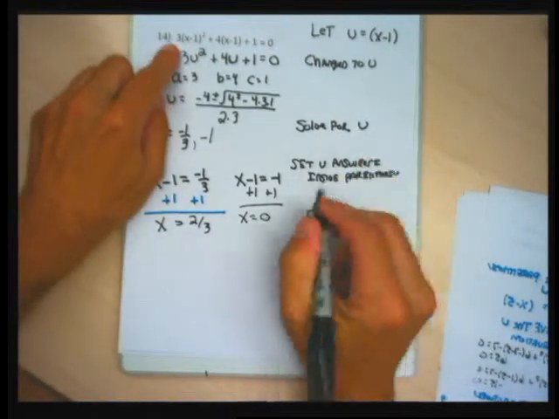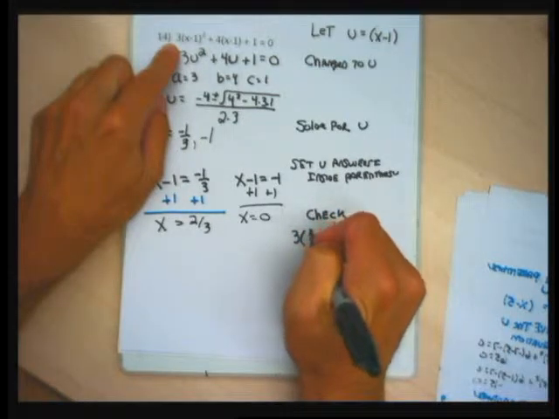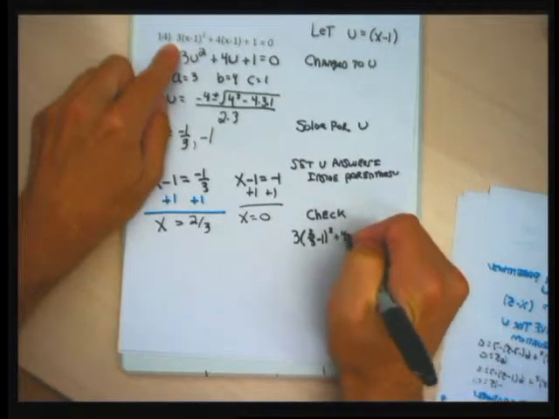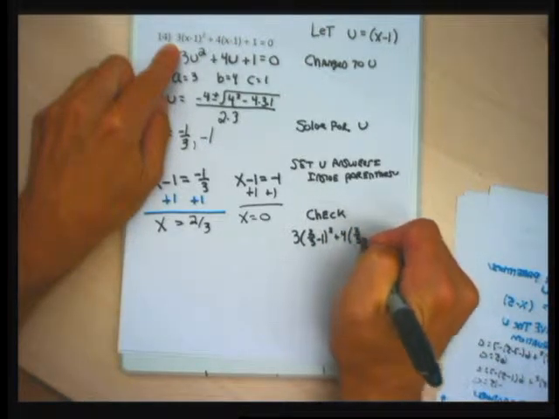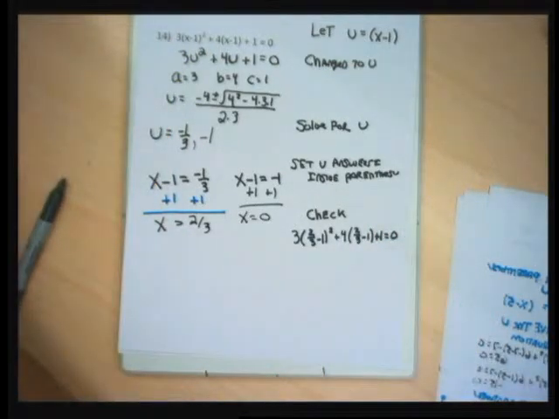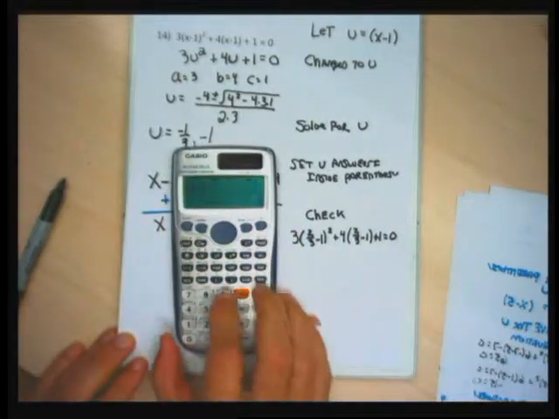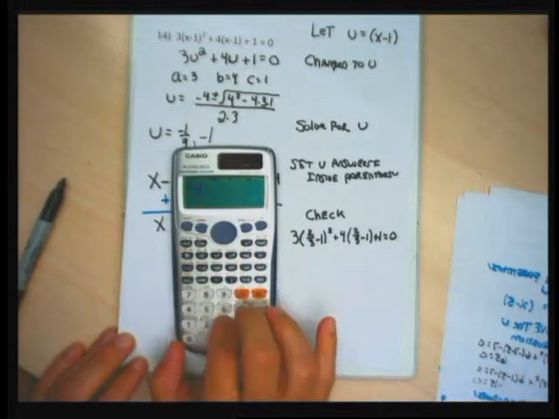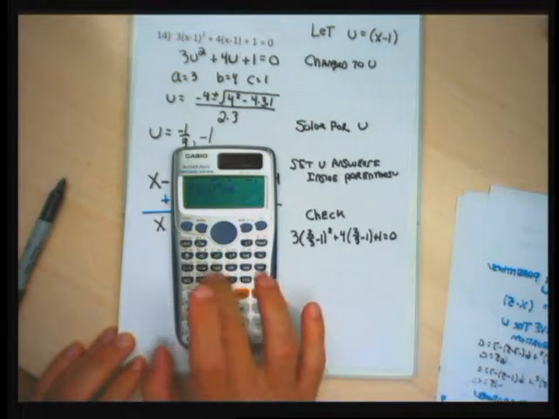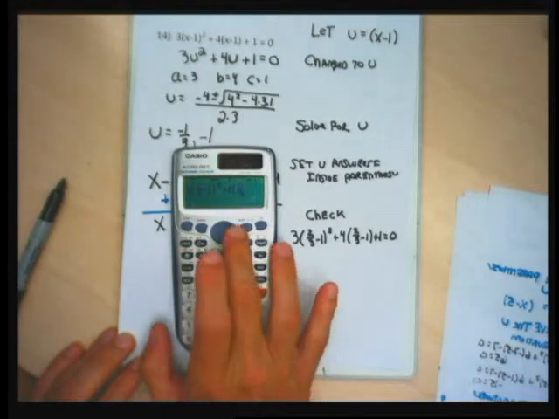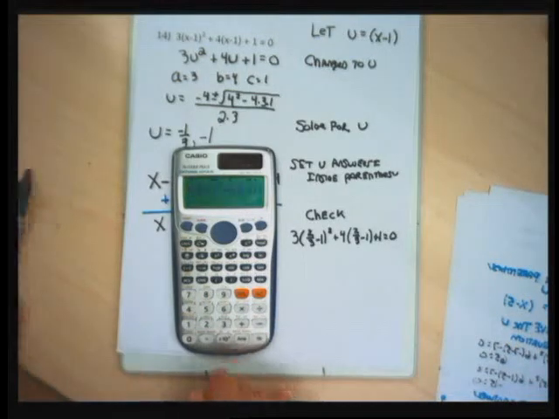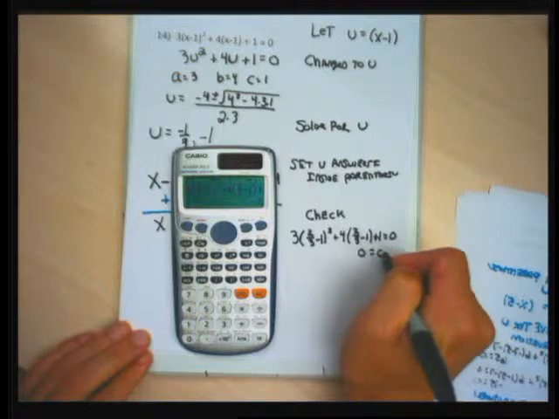So I'm going to go, in the original problem, 3 times (2/3 minus 1) squared plus 4 times (2/3 minus 1) plus 1, and see if that equals 0. Hopefully I see a nice 0, and it works perfectly. So 2/3 is a solution.